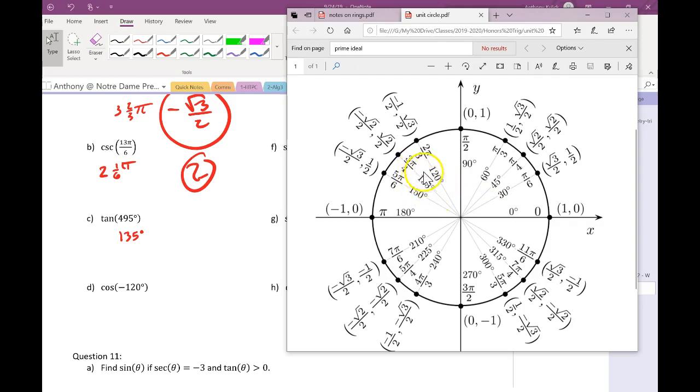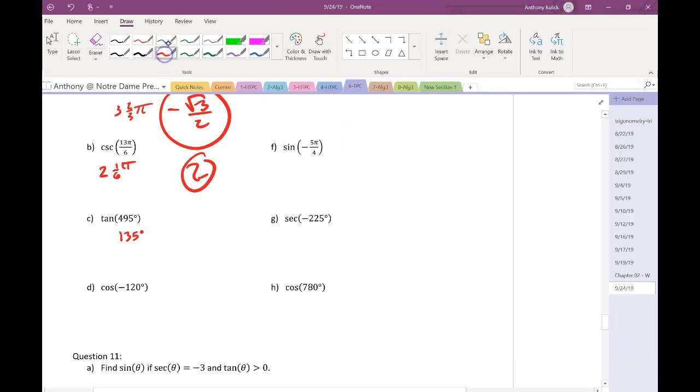Tangent is y over x, so it is sine over cosine. And notice that these are the two same values other than one is negative. So when I do root 2 over 2 divided by negative root 2 over 2, you just get negative 1. It'd be like negative 7 over positive 7. It just becomes negative 1. It's not so bad.